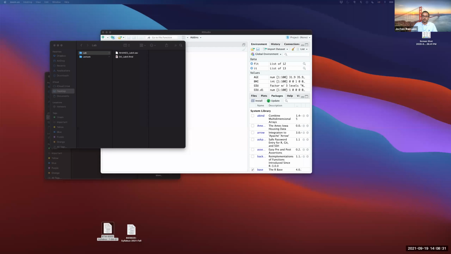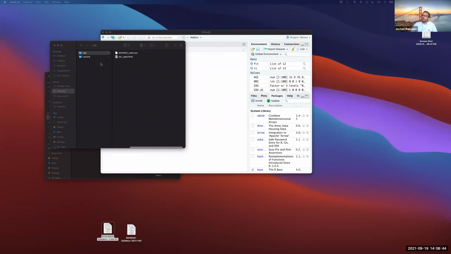Let me just double check that. Let me make sure. Yes, I think you should be seeing the right screen.